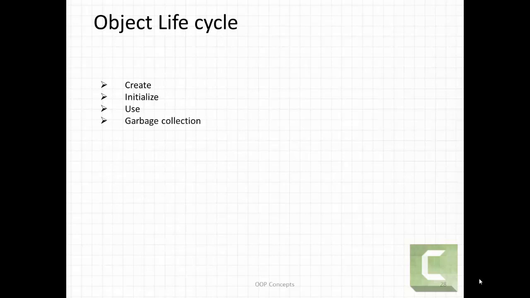What does this mean in a programming language? Whenever you create an object, you allocate some space in memory for that object, and after using it, you deallocate the space from memory. Those things are achieved by the object lifecycle in OOPS.